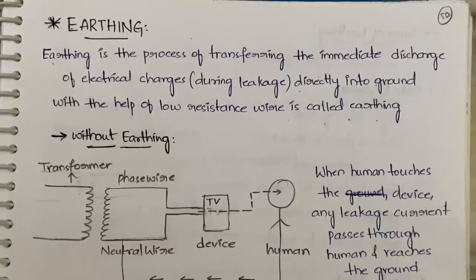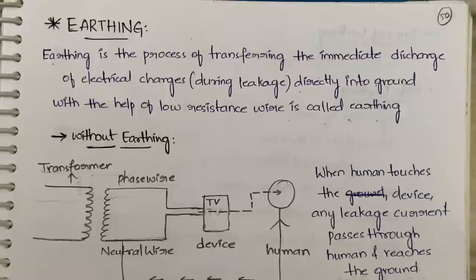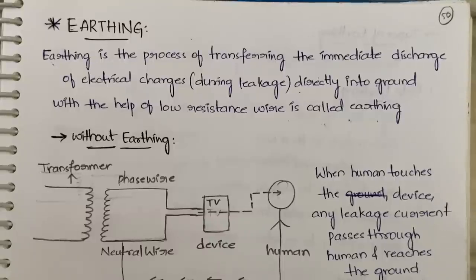So in normal condition, earthing will not play a role, but in case there is a leakage, all those currents, all those electrical discharges, are directly transferred into the ground with the help of a low resistance wire.